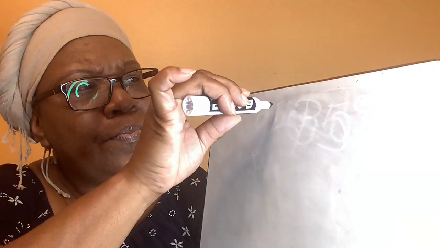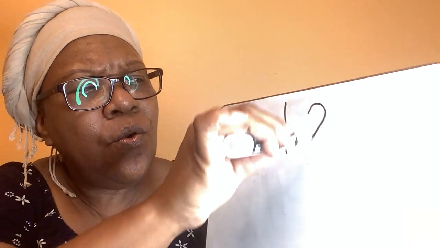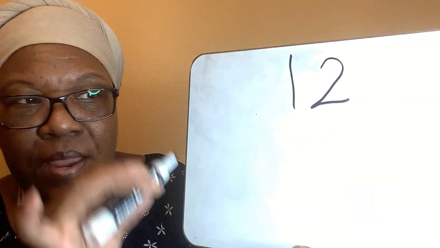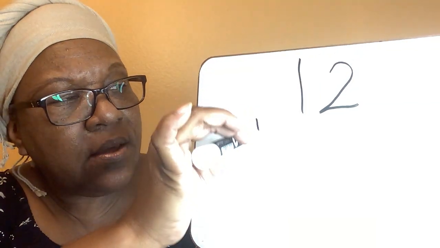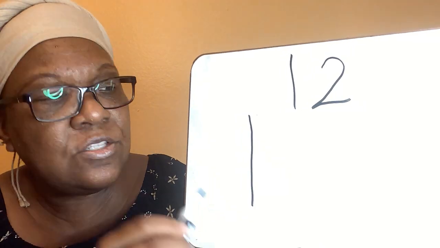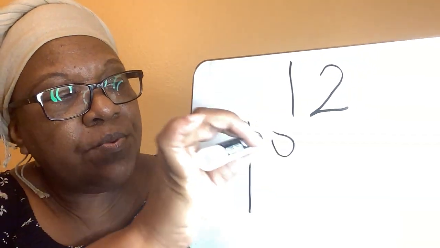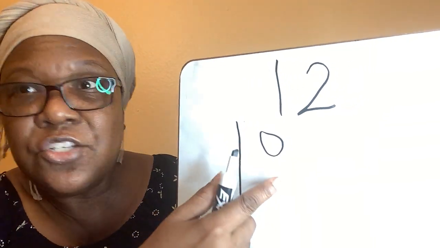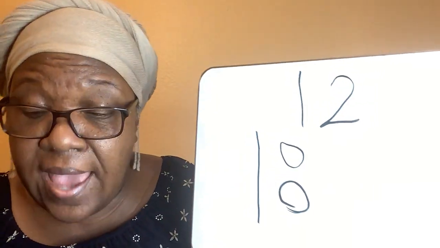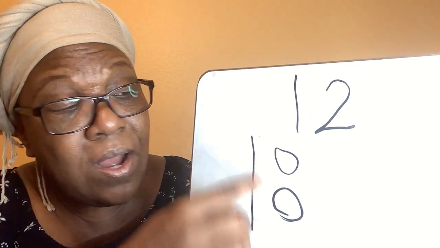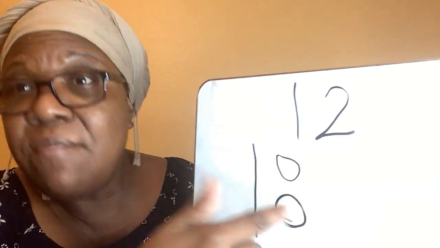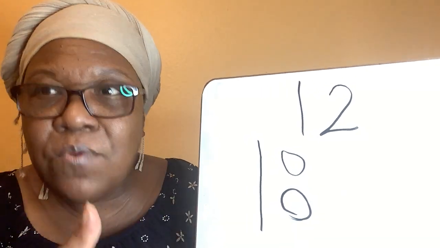So let's do 12. How would you do 12? If I draw it with my marker, it would be what? This represents what? 10. Yes, this represents 10. And this represents what? Yes, that should be 11. And that should be 12. Those are ones. Like you say, 10, 11, 12, 13, 14, 15.